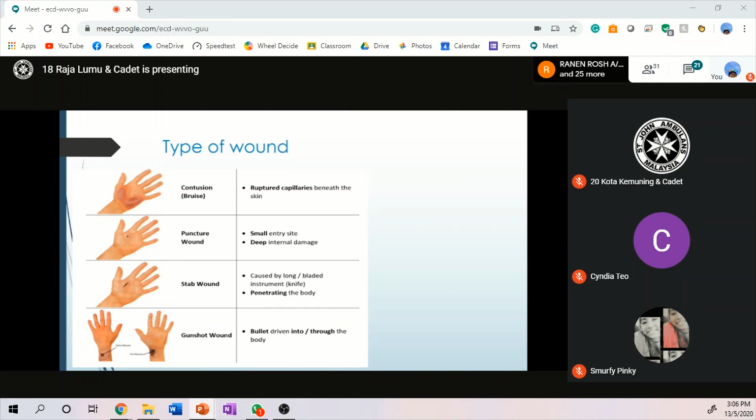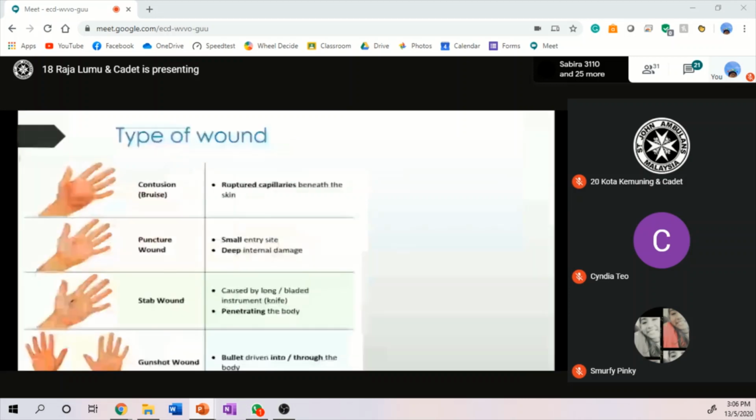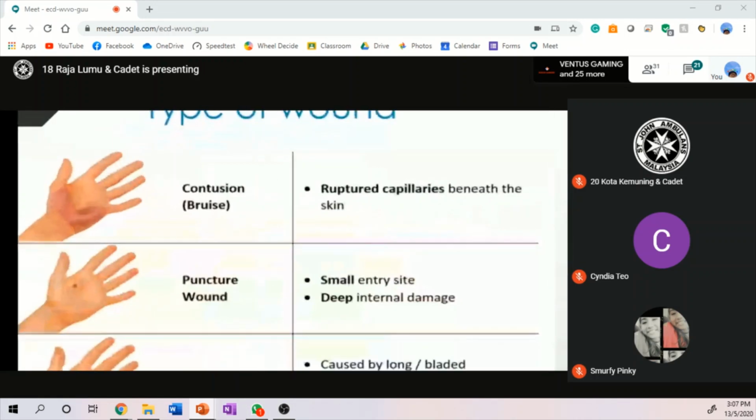You hit something and get internal bleeding, like you smack your face on a chair and it becomes very red. From outside you cannot see the blood, but internally there is bleeding. So this is the example for the skin pattern.